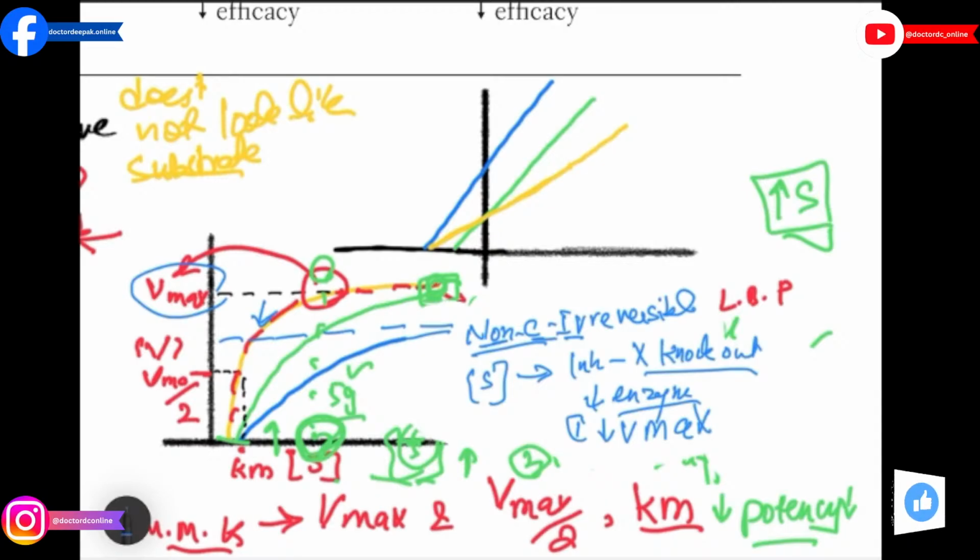Fine? And secondly, after giving the maximum dose, you are getting this effect. So we can also say non-competitive inhibitors can decrease the efficacy. The efficacy is the maximum effect of a drug.